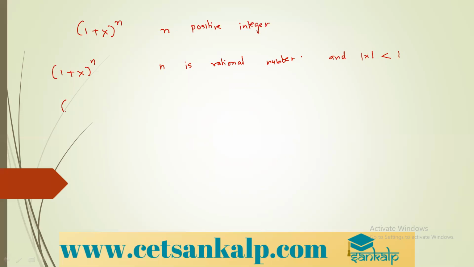Then we have a formula for this expansion also, which is 1 plus nx plus n into (n minus 1) by 2 factorial x square plus n into (n minus 1) into (n minus 2) by 3 factorial x cube, and so on, but it will go to infinity.